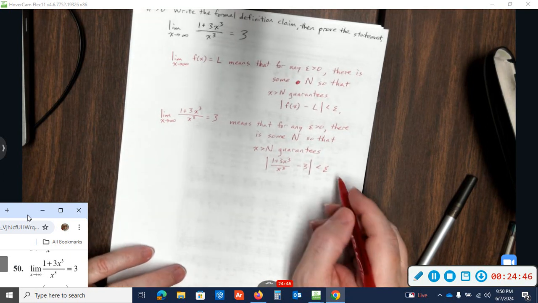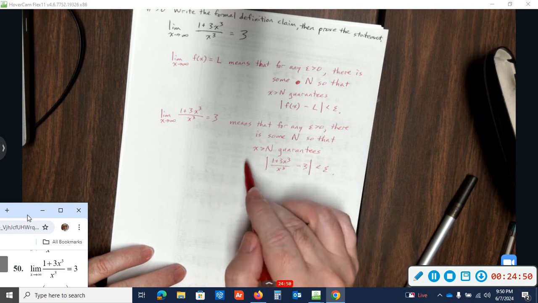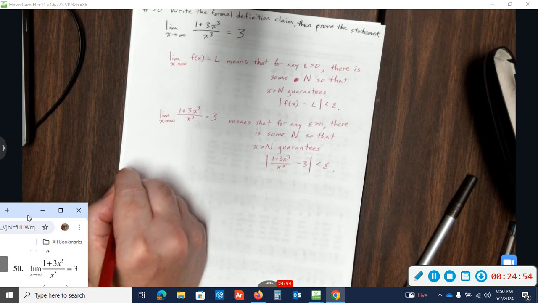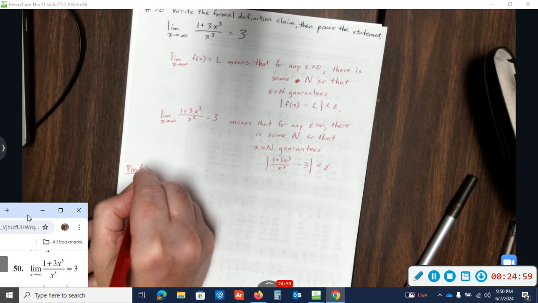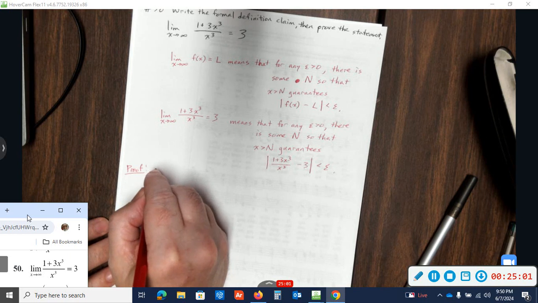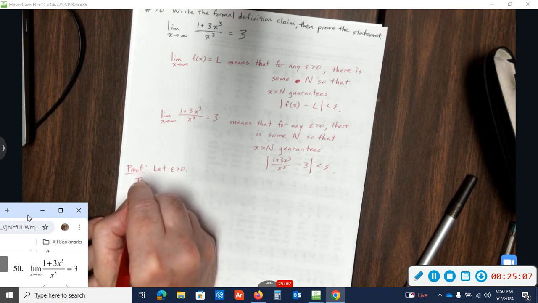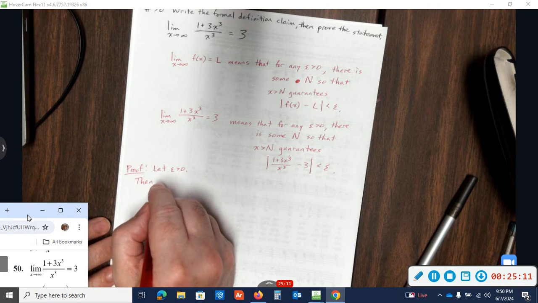so the book is saying write out the definition statement and use it to prove this. Proving this means you'd start with an arbitrary epsilon. Then describe some value of n.